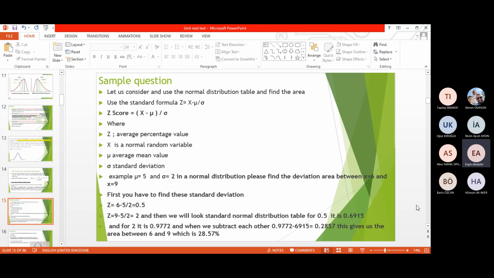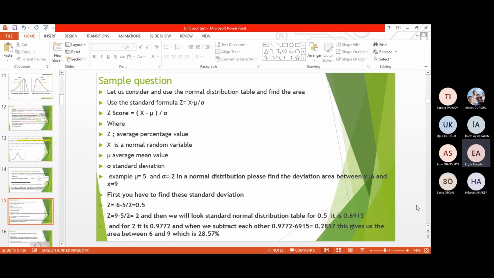You can also find these normal distribution tables on Google. Use the standard z-score formula, which is z equals x minus mu divided by sigma, where z is the standard score, x is the normal random variable, mu is the mean value, and sigma is the standard deviation. The example is: mu is 5 and sigma is 2 in a normal distribution. Please find the area between x equal to 6 and x equal to 9.